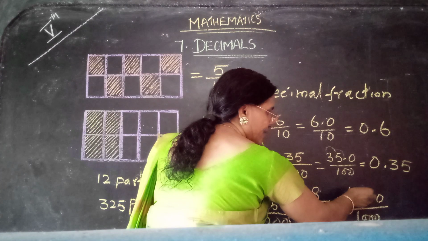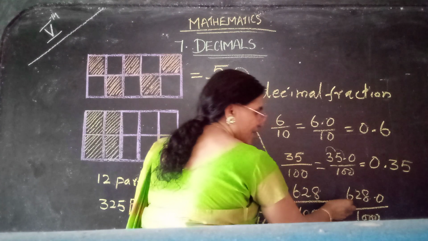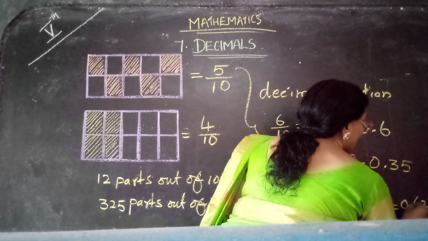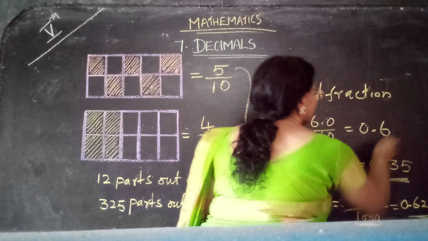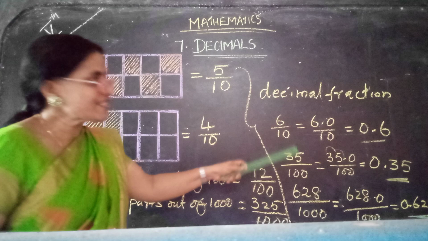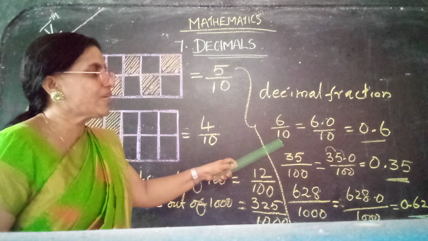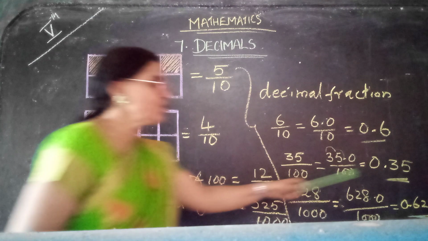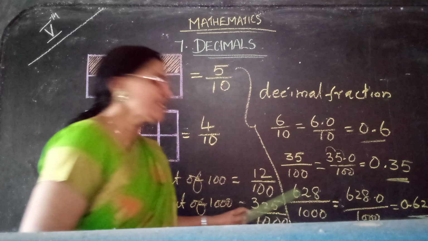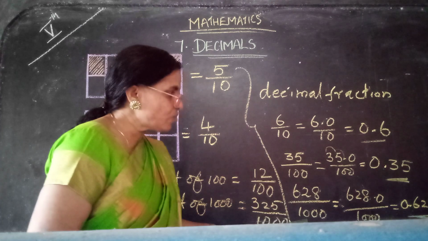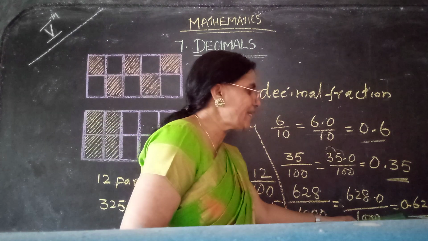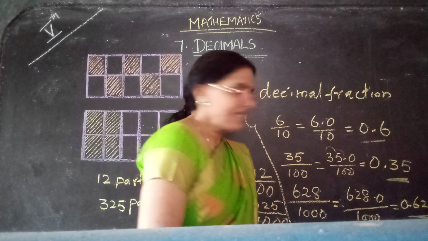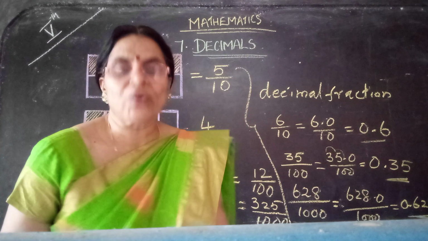Yes, 1, 2, 3. So the answer is 0.628. Wow, correct answer. Yes children, now we understand. 6 by 10 equal to 0.6. 35 by 100 equal to 0.35. 628 divided by 1000 equal to 0.628.